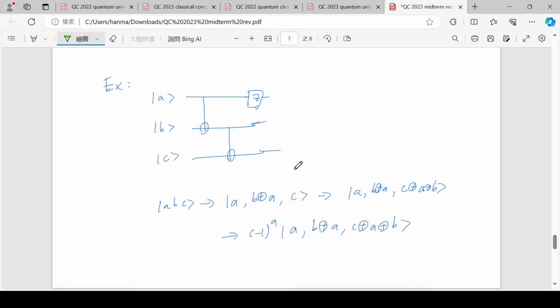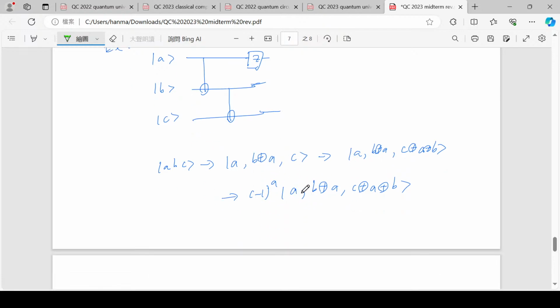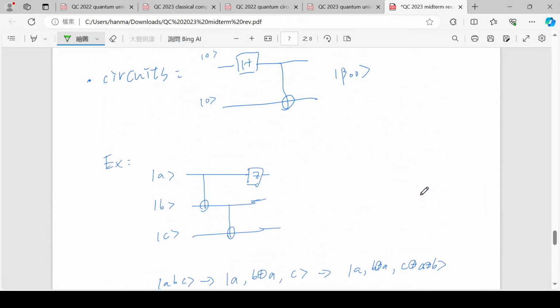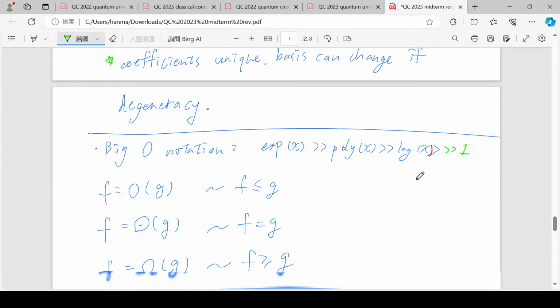ABC goes through the first CNOT, then the second register becomes B plus A, then another CNOT and the third register becomes C plus B plus A. Finally it goes through a Z gate, so you get a -1 to the A on the first register. Okay, I guess that's all for the review.